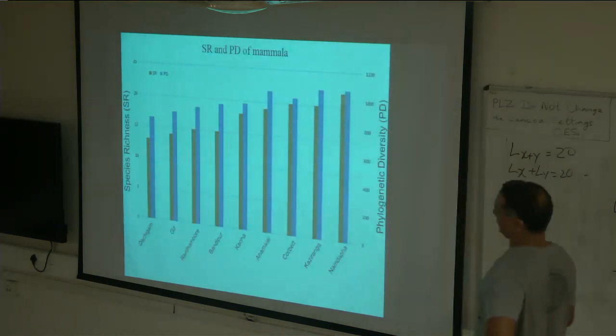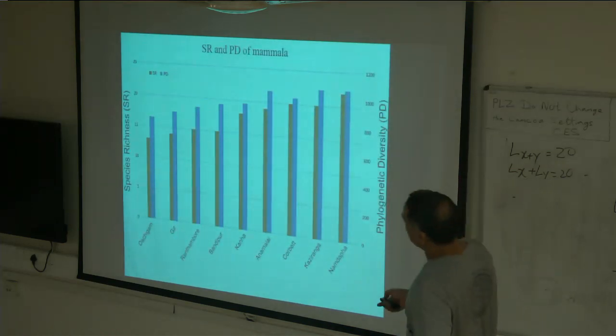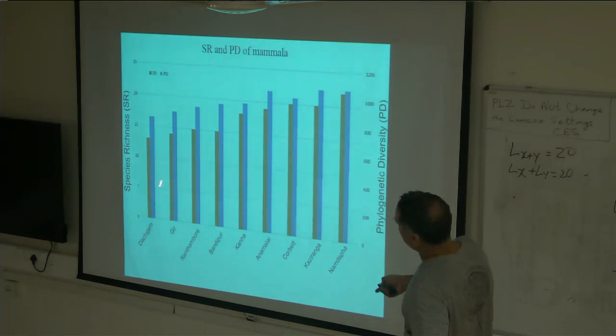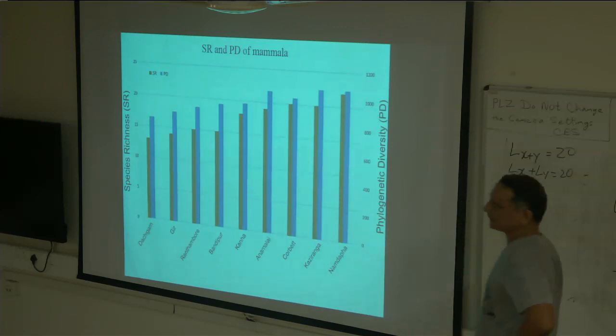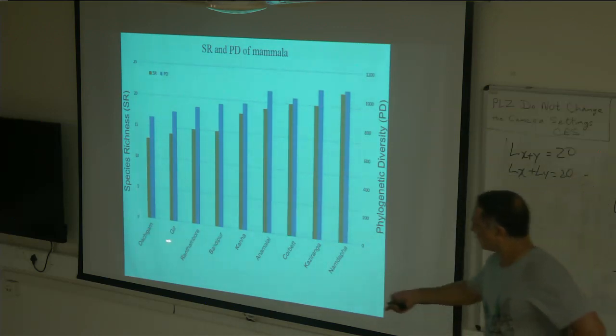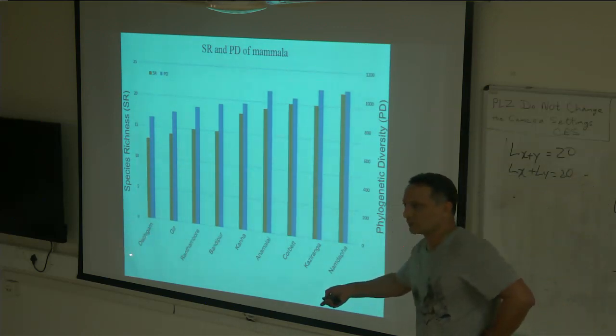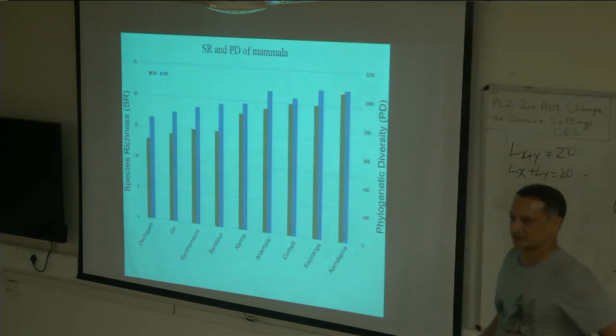Okay, so here's the same data. This bar, I believe, is species richness, the green bar, and the blue bar is PD, and the PD values are here, species richness values are here. Again, they are rank ordered from lowest species richness to the highest species richness.